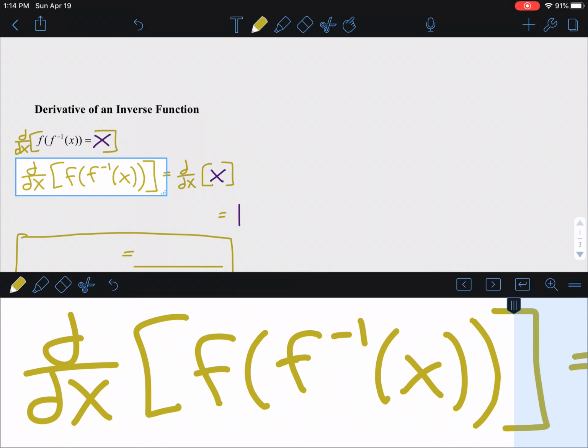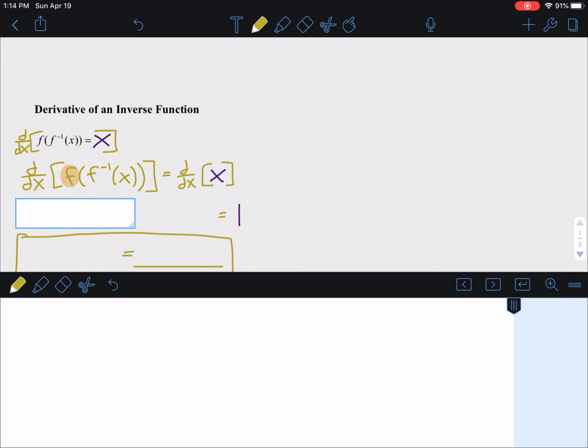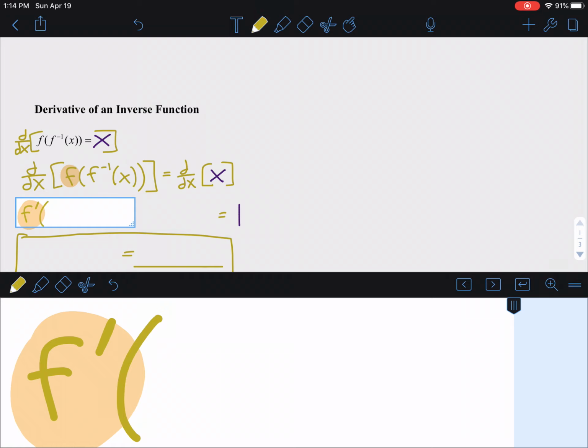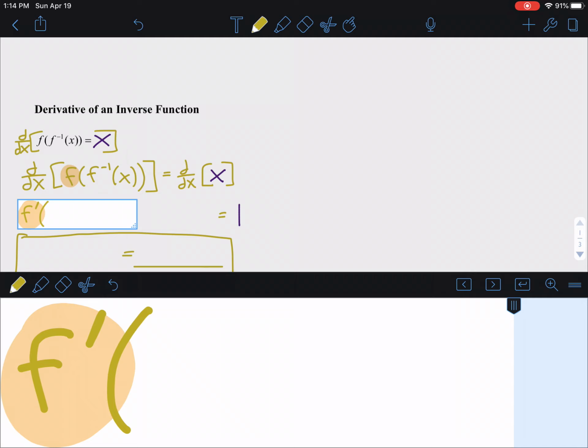So what does the chain rule say? Chain rule says to take the derivative of the outer function here, and my outer function here is just this f. So its derivative is going to be called f prime. And now chain rule says to keep whatever is inside of f inside of the derivative of f.